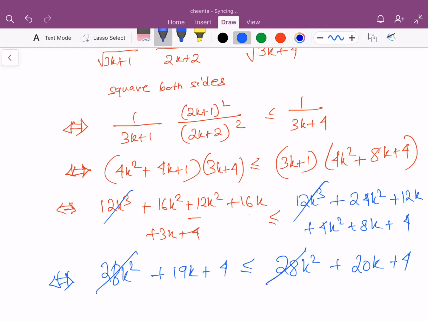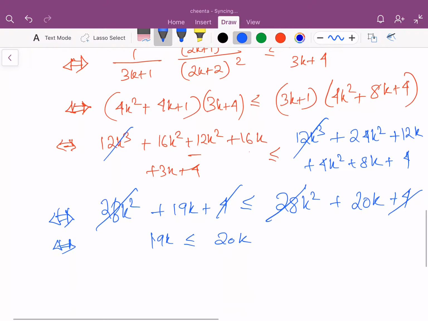So clearly these two cancel off, the 4 cancels off, we are left with 19k is less than or equal to 20k, which is obviously true, since k is not 0, so 19 is less than or equal to 20, which is obviously a true statement.